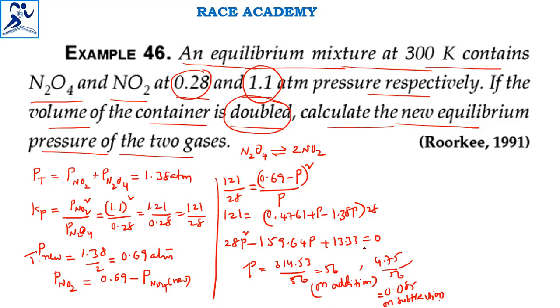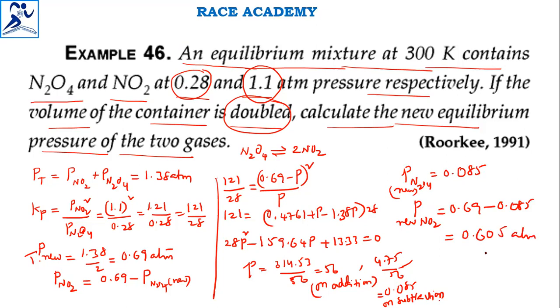Why? Because the value is under the limits. We can write the new partial pressure of N2O4 will be 0.085, and the new partial pressure of NO2 will be 0.69 minus 0.085, which is 0.605. 0.605 atmospheres is the answer.